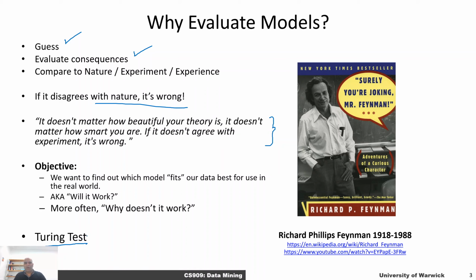So if we are not able to distinguish between the prediction output of a human and a machine, then we say it passes the Turing test. So you can also relate these experiment design strategies to the Turing test.